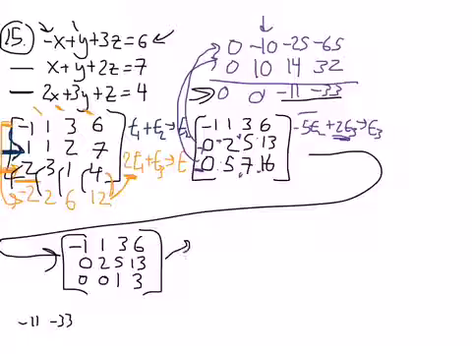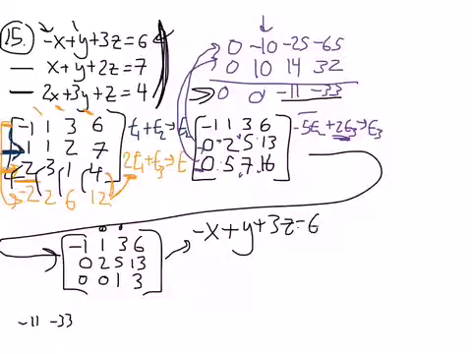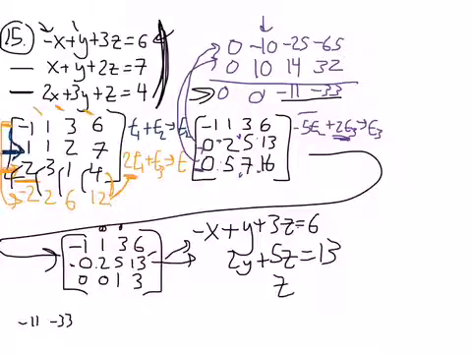If I translate this back into a system now, I have negative x plus 1y plus 3z equals 6. This gives me 0 x's, 2 y's, plus 5 z's equals 13. And then 1z equals 3.